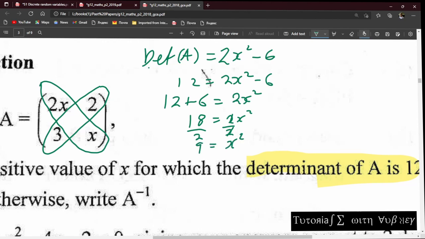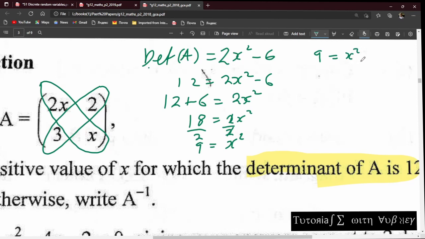So let me rewrite everything here. We have 9 equals x squared, where we left off. Remember, we only want to remain with x as a single variable, so we need to get rid of the square.